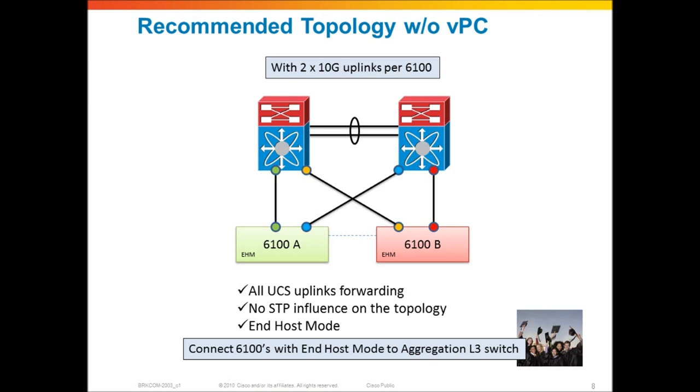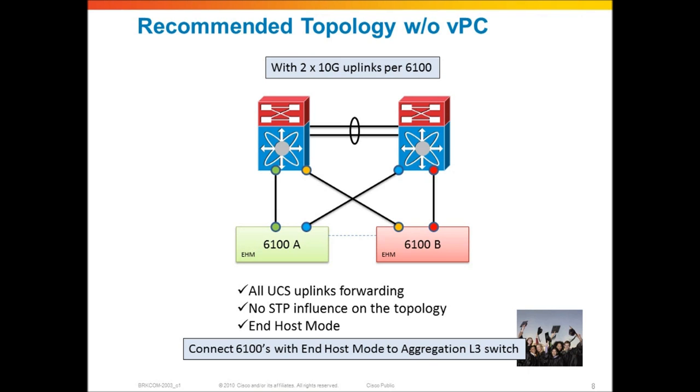That was my first priority. And if you have more uplink ports available, then you can make your second priority adding port channels. But since I only have 2 uplinks available on each fabric interconnect, I'm going to just go ahead and redundantly attach each fabric interconnect to each upstream LAN switch.